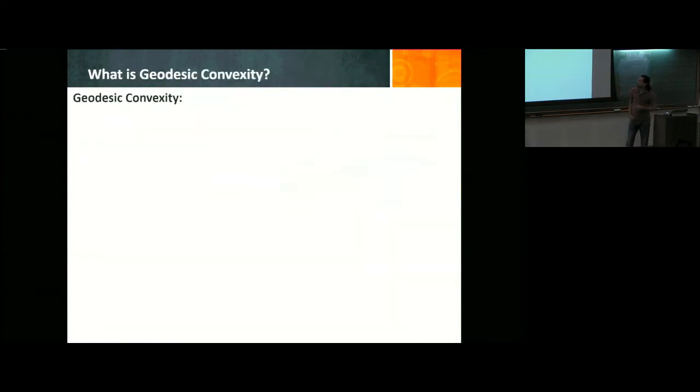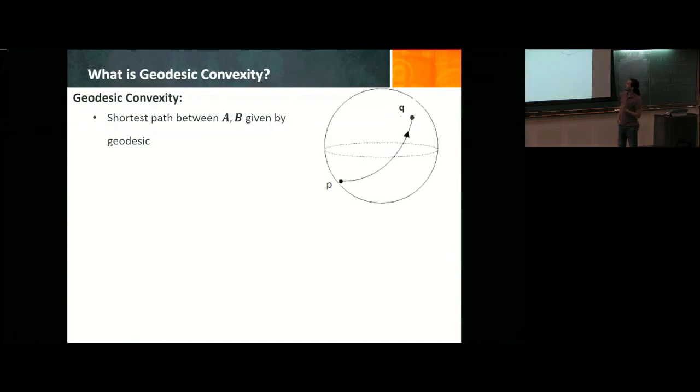Okay, now what is geodesic convexity? Geodesic convexity is the following. Now, the shortest path between A and B is not necessarily given by a straight line, it's given by this geodesic. For example, if you look at Earth, you cannot go through tunnels. So if you go from P to Q, you have to go through the meridian here, through the diagonal path. So this would be the geodesics on Earth.